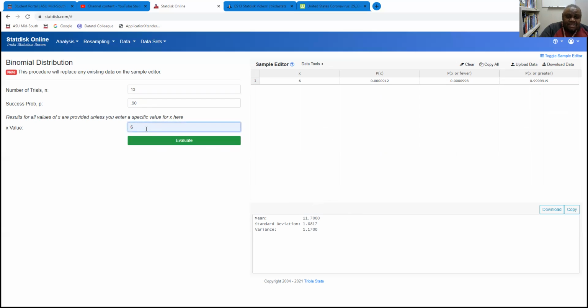And then for 8, it was 0.0055. You just have to add those two probabilities together, because the probability of 6 or 8 would be the probability of getting exactly 6 plus the probability of getting exactly 8. So you just have to add those two together and give your answer to 4 decimal places.